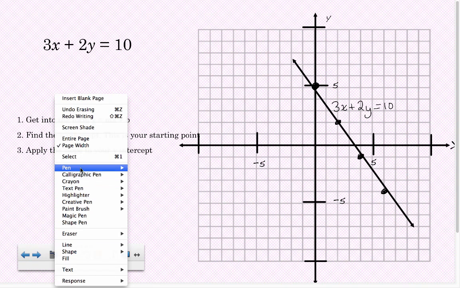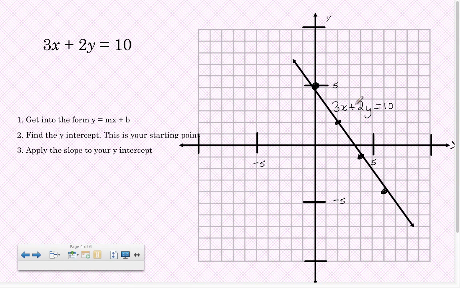So let's say I pick the point, this one right here. This is the point 4, -1. So if I were to put 4 in for x and -1 in for y, the equation would give me truth. 12 plus -2 get me 10.